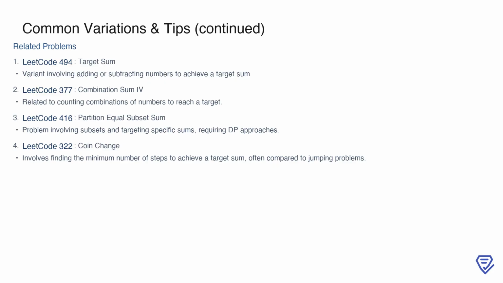Similarly, LeetCode 416, partition equal subset sum, requires dividing an array into subsets with equal sums, emphasizing dynamic programming techniques. Finally, LeetCode 322, coin change, involves finding the minimum number of steps to achieve a target sum, which is often compared to jumping problems. Practicing these related problems can strengthen your skills and improve your ability to recognize patterns across different scenarios.